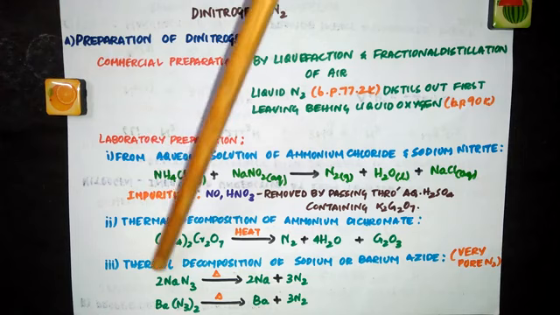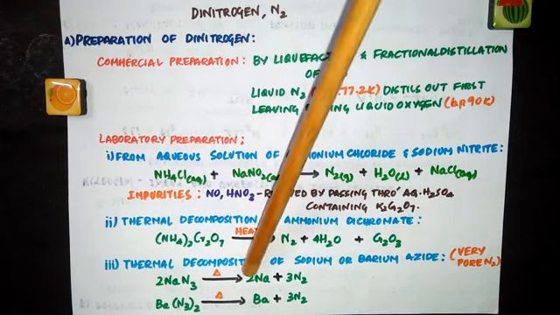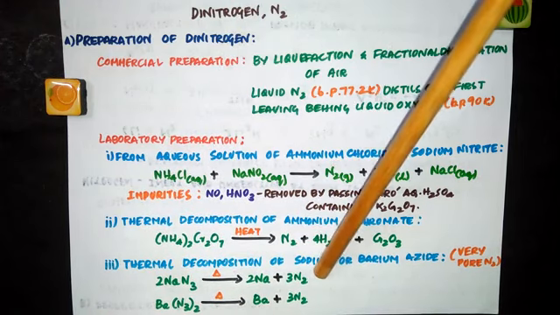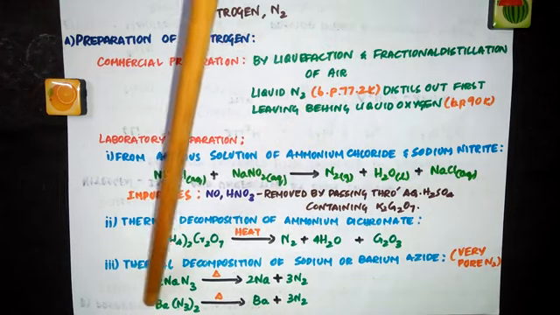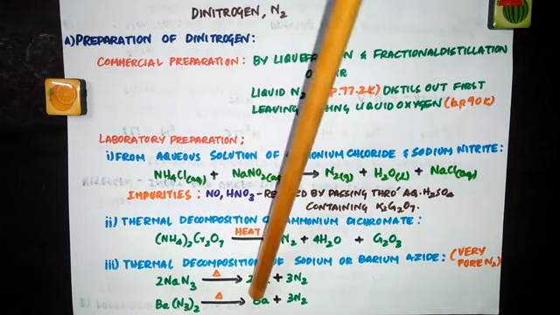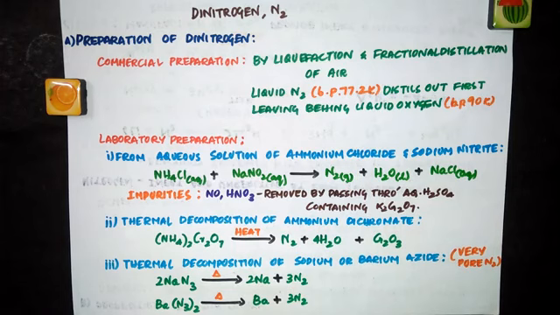When you heat sodium azide, NaN3, you get 2 Na plus 3 N2, dinitrogen gas. In the same way, when you heat barium azide, you get barium plus 3 N2. So you can prepare very pure nitrogen from sodium and barium azide.